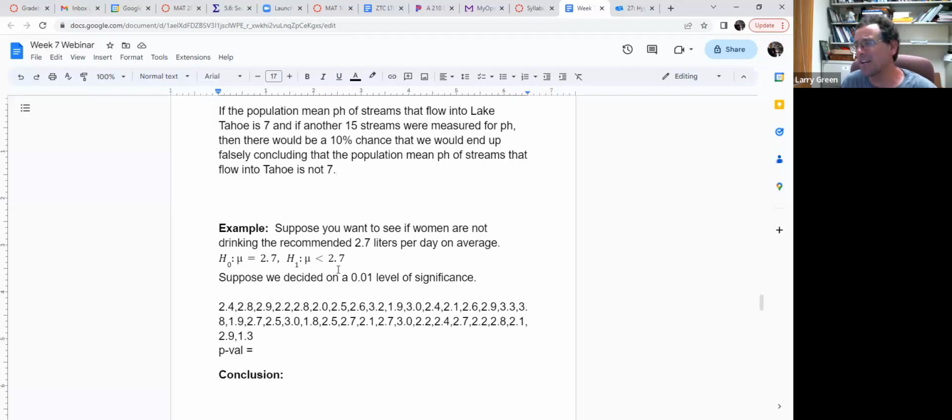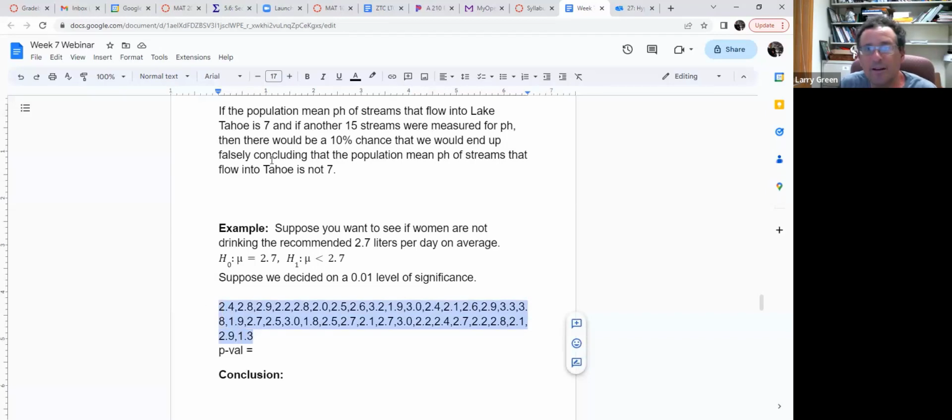Okay, no doctor says you're drinking too much water. It's always not enough. So that's why it's a less than in this case. Okay, let's suppose we decided on a 0.01 level of significance, because I want to get to the part that's new for us. And let's suppose this is what's given. They've given the data from the survey that was done on the amount of liters a day women drink. They asked all these people. Any questions on that?